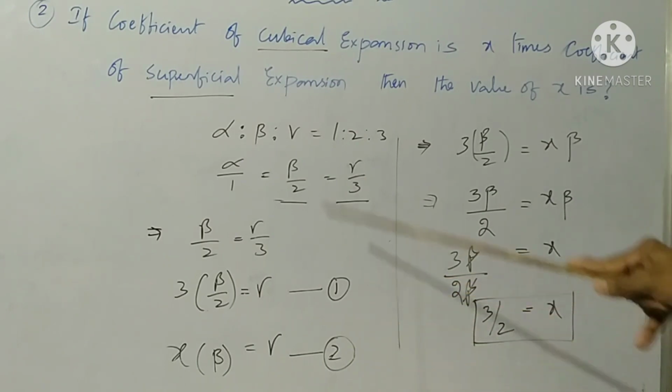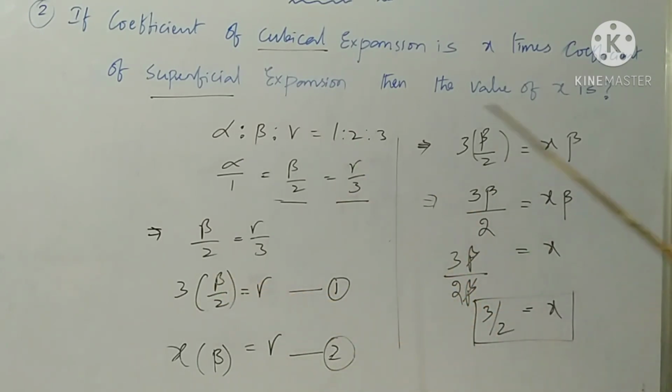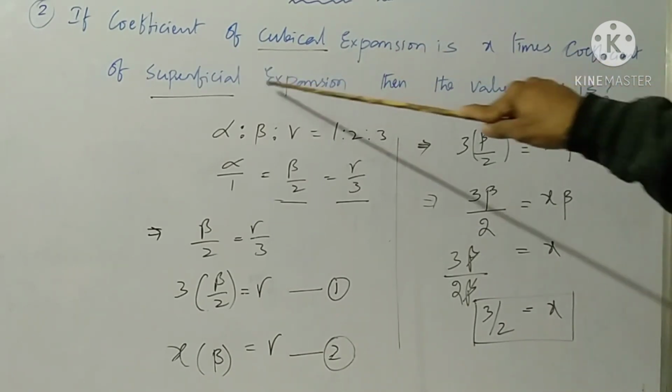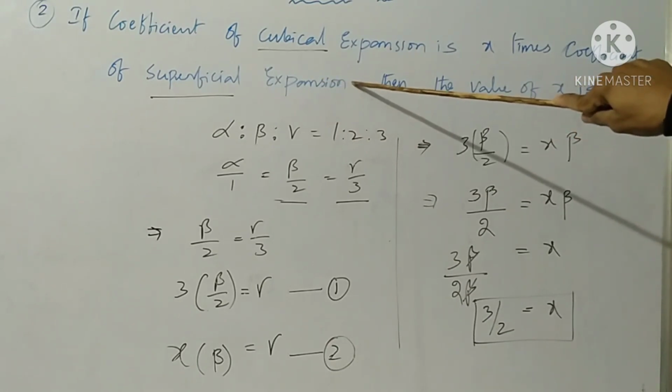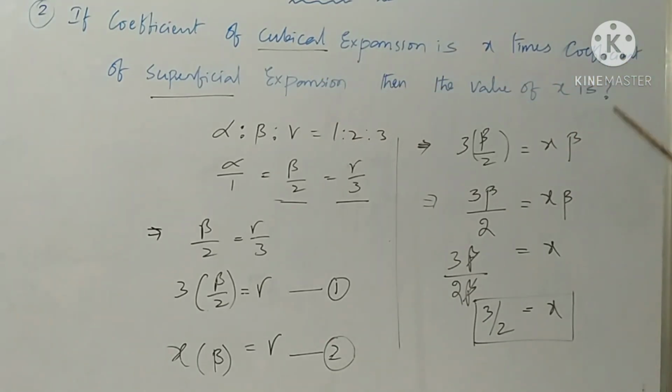Comparing both equations, 3 into beta by 2 is equal to x into beta. Transposing beta, x is equal to 3 beta by 2 beta. Beta in numerator and denominator cancel, so x is equal to 3 by 2. Here the value of x is 3 by 2.